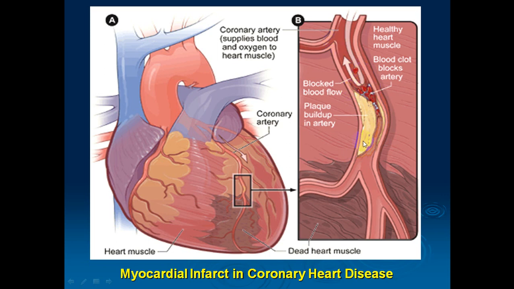It causes infarct because if there is a blockage here, the erythrocytes cannot flow in, and then there will be no supply of nutrients and oxygen to this part here. So this part will have an infarct.